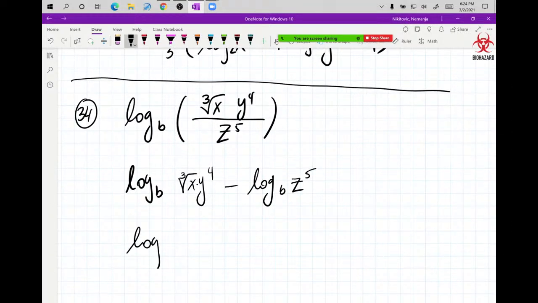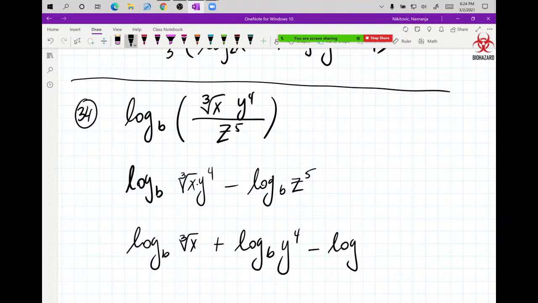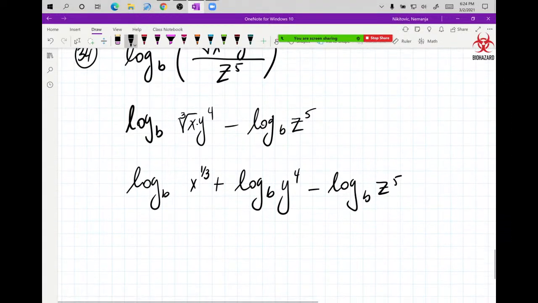So that's going to be log base b of cube root of x plus log base b of y to the 4th, and then minus log base b of z to the 5. Now you can immediately write this cube root as 1/3 over here and just kick them all out. You're done.